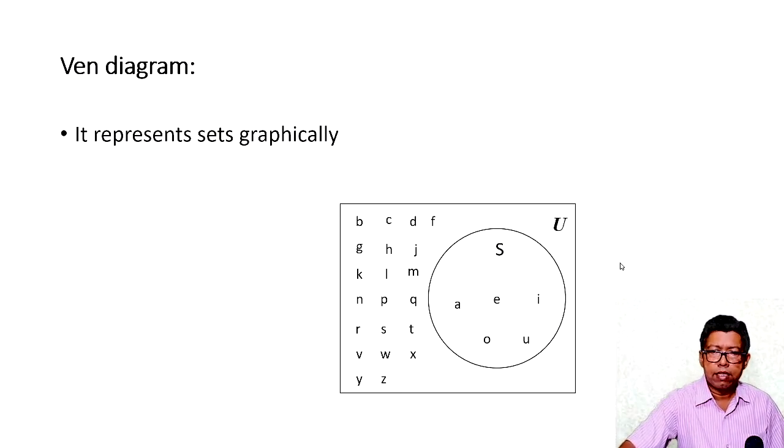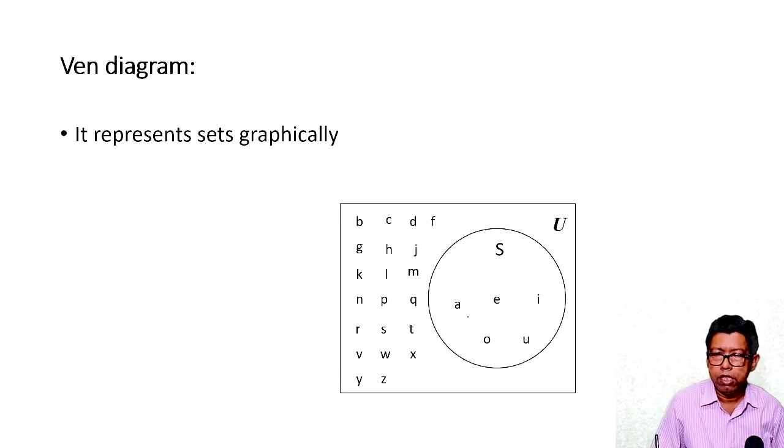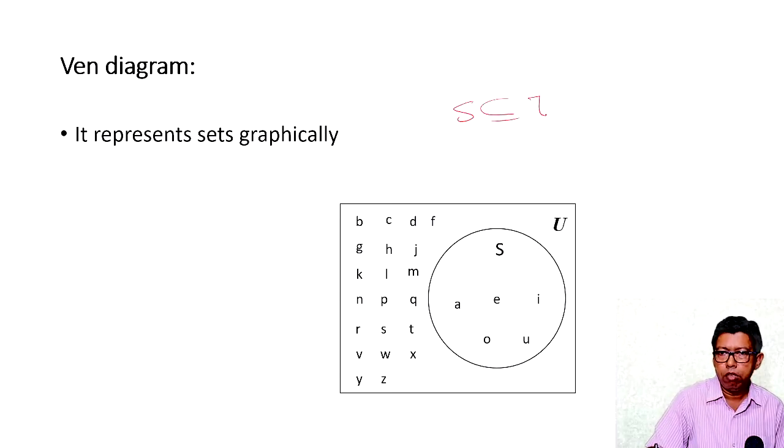Suppose we take the example: S is the set containing the vowels of the English alphabet A, E, I, O, U, and the universal set U is the set containing all the English alphabets. In this case, obviously S is a subset of the universal set U.